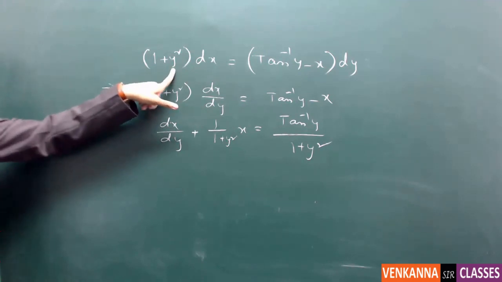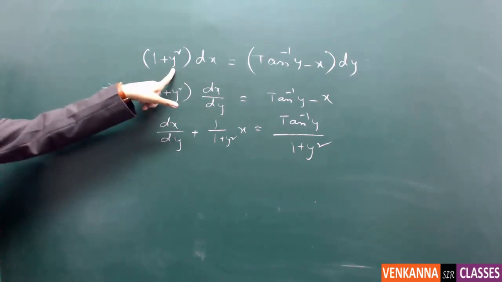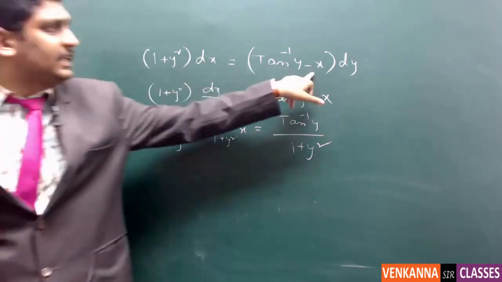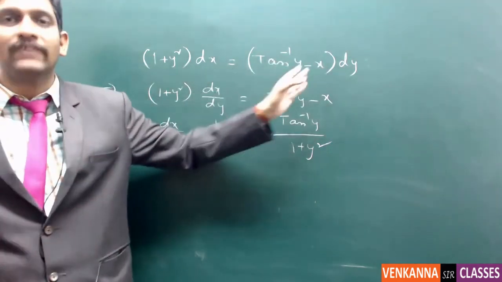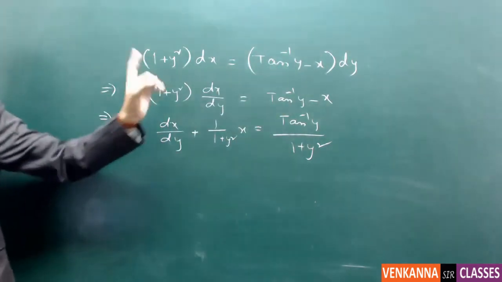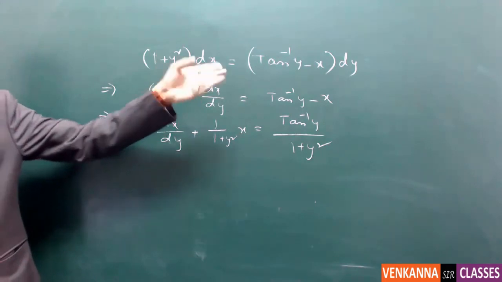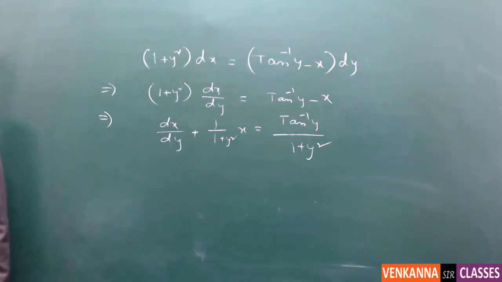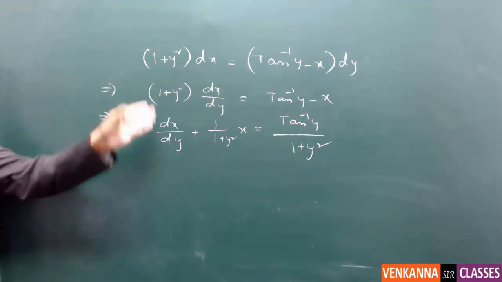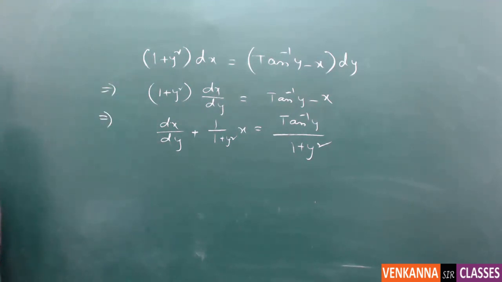One general observation is that if x has power 1, it will be dx by dy. If y has power 1, then it will be dy by dx. If the equation is straight away looking as dy by dx, it is okay.